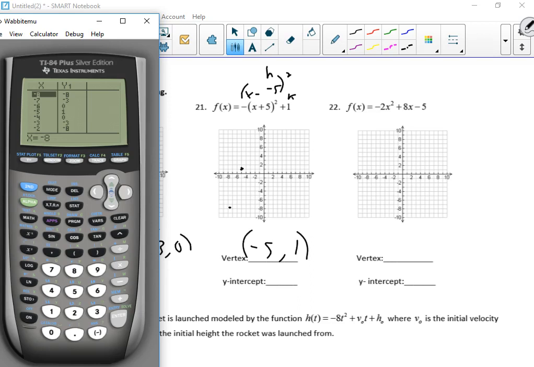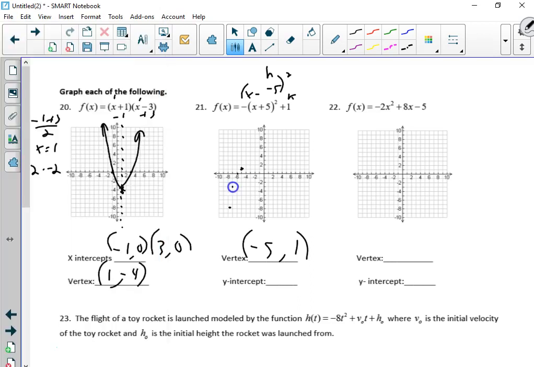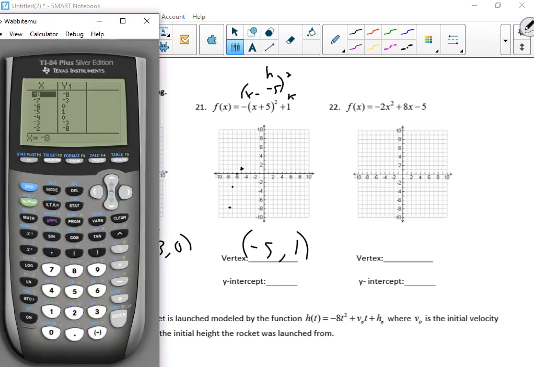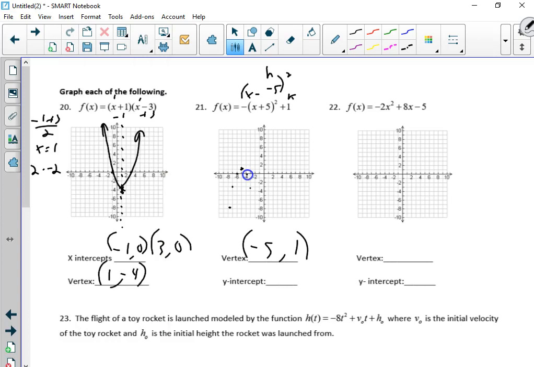Negative 6, 0. And then the other side, negative 5, 1. We already have that. So negative 4, 0, negative 3, negative 3. And negative 2, negative 8. And there is my parabola.